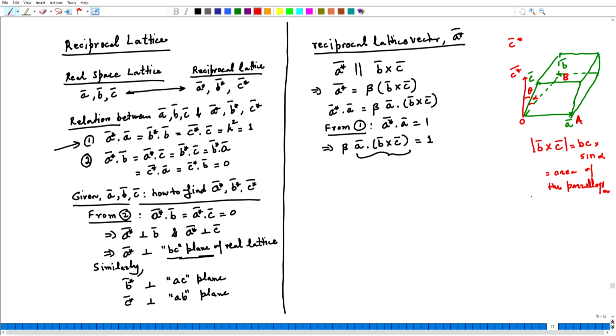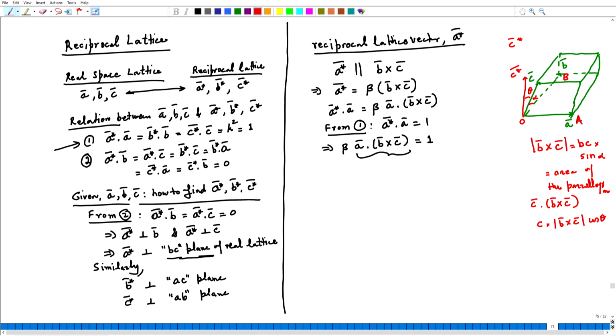When I take the dot product between the vector C and B cross C, then this is simply equal to the magnitude of C multiplied by the magnitude of B cross C multiplied by cosine theta.